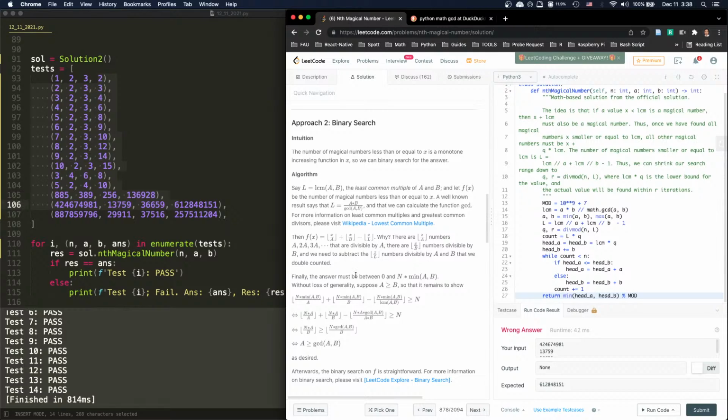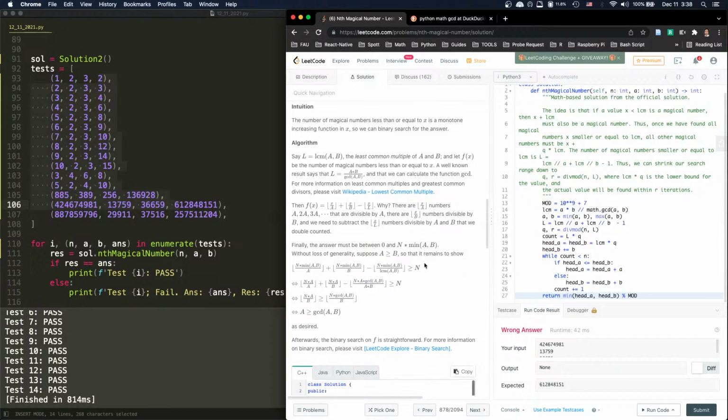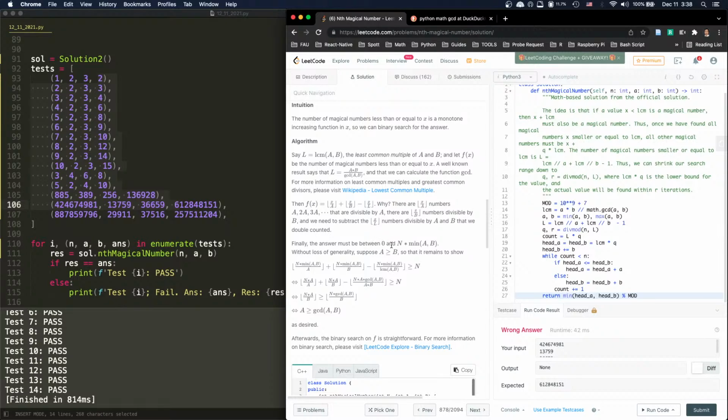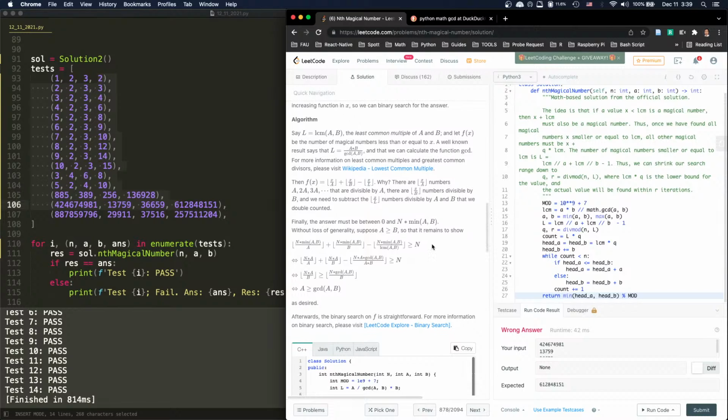Yeah, I know this. The answer must be between 0 and n times the minimum of a and b. Suppose a is larger than b.